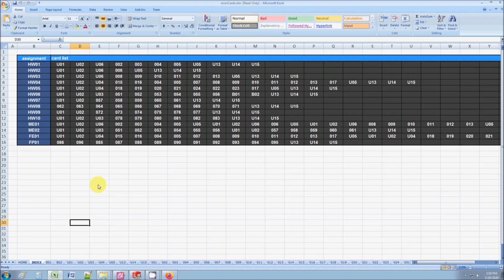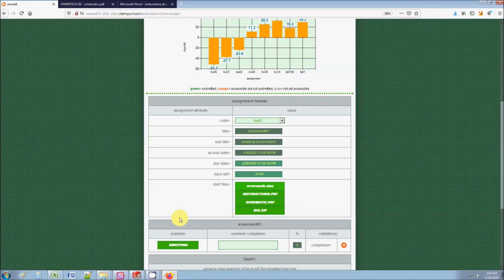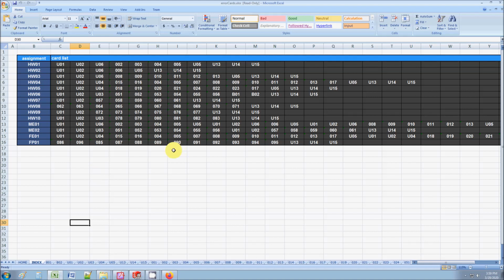So if you're not sure how this is going to be graded, download the error cards Excel sheet from the start file. So it's right here. Just download that. And I know this is not the cleanest thing, but go to the index, all right, and look to see homework 7. Look to see what the errors are for this. As you can see, it starts at 57.